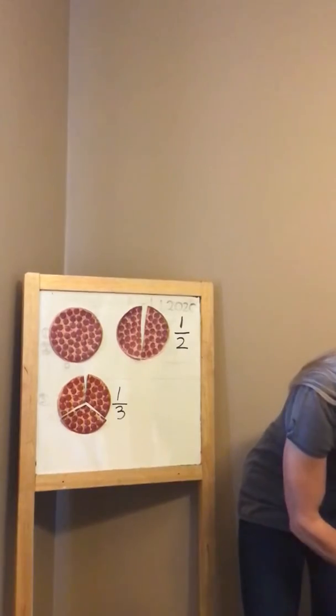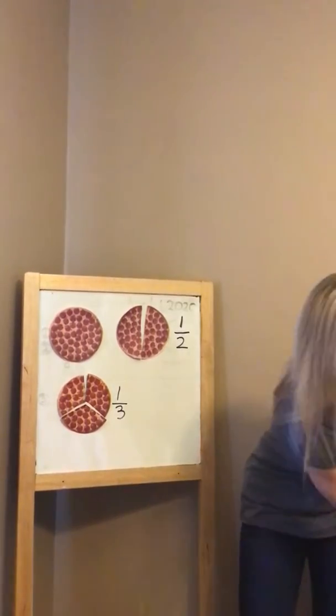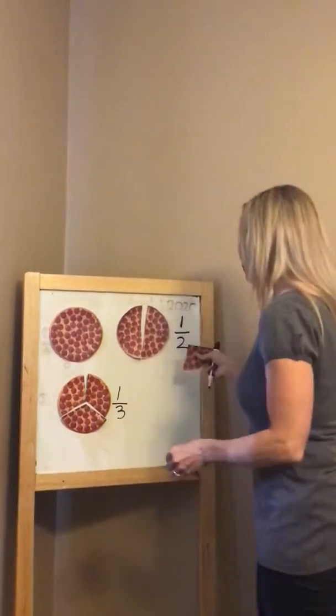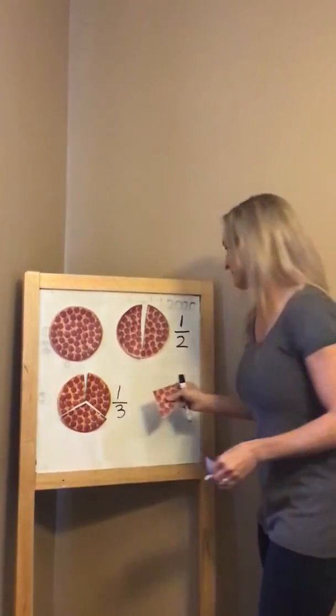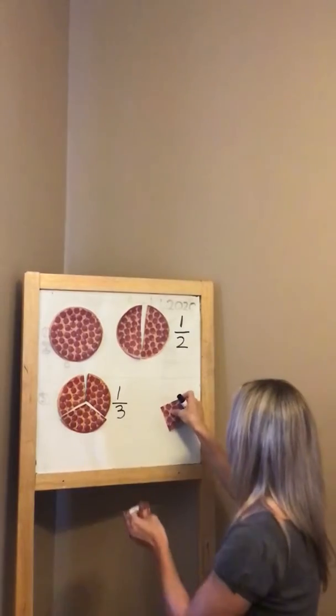Now, guess what? Caroline's hungry too. We're gonna have to divide our pizza again. This time, I'm going to divide it into 4 equal parts, or what we call fourths. Okay, let me get this set up.